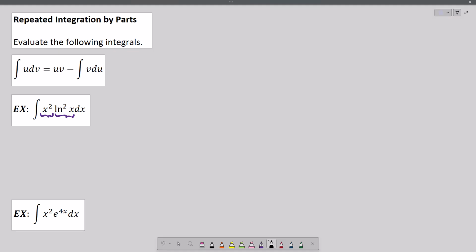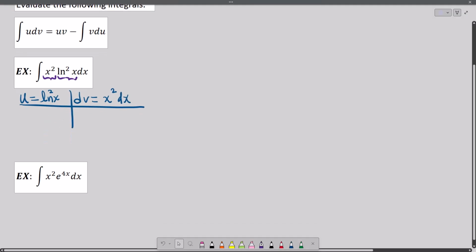So this is another one of those cases where we're going to take our power of x and actually put it with the dv. So we have our u, we have our dv, and we need to separate the entire integrand, including the dx, into this top row. So I'm going to let u be natural log squared of x, and then dv be x squared dx. The dx always goes with the dv.